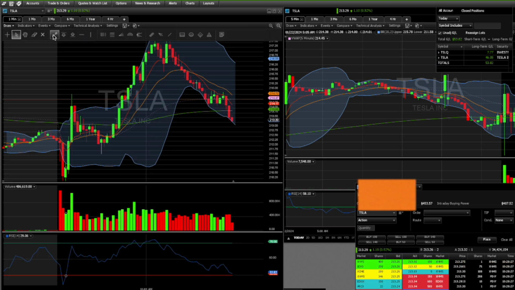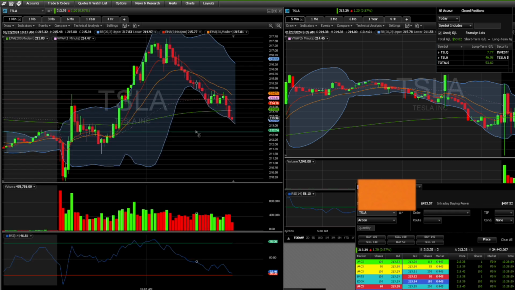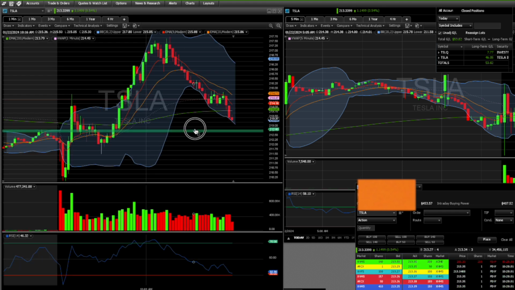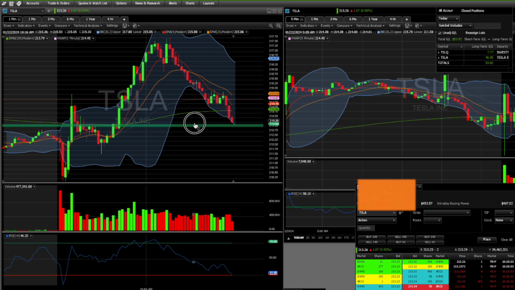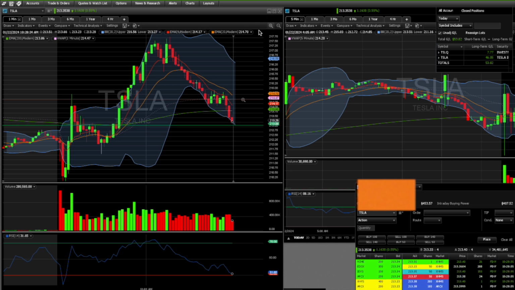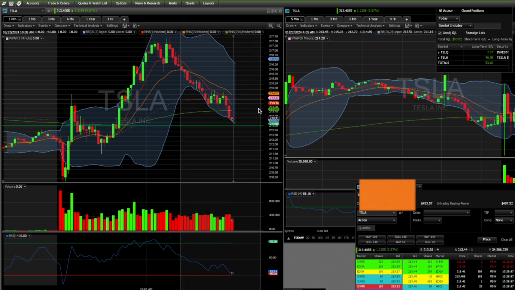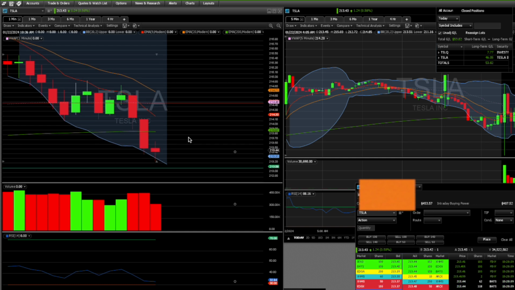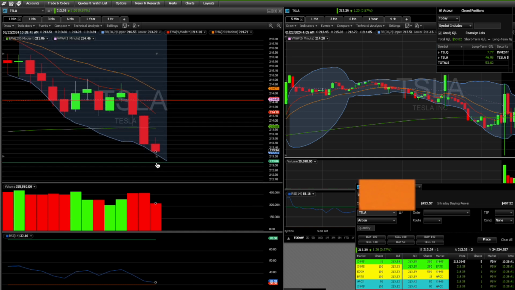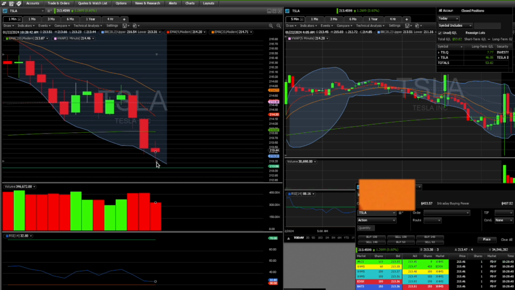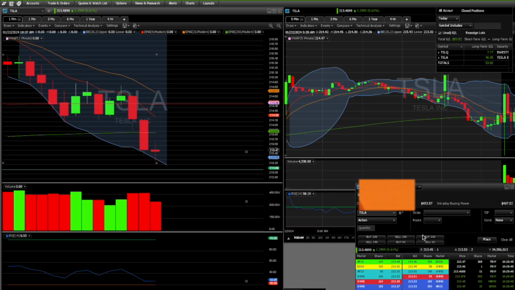We have 213.1 in. Just waiting to get picked up. And we didn't get picked up on that. The low was 213.23. It's frustrating.